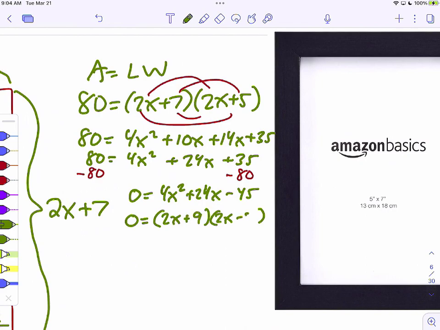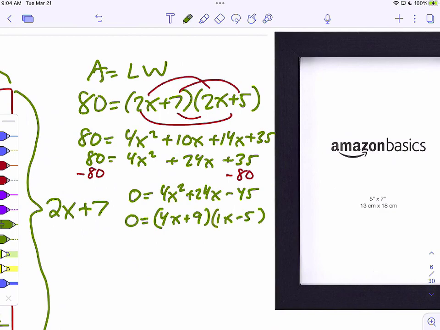Let's try +9 and -5 for 45. 45 could be a lot of different things. 45 could be 3 and 15. It could be 9 and 5. It could be 1 and 45, obviously. 18x and -10. Oh, man, this is wrong. Okay, I really think that this is a 4 and a 1.